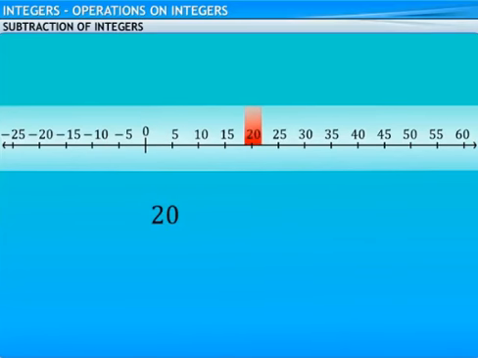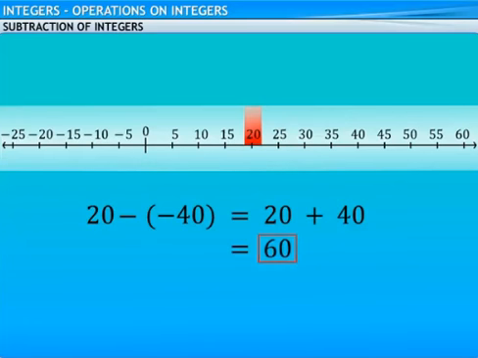Now, subtracting a positive integer, say 40, from 20, also moves the point to the negative side of the number line. And finally, subtracting a negative integer, say minus 40, from 20, moves the point to the positive side of the number line. Let's move on.